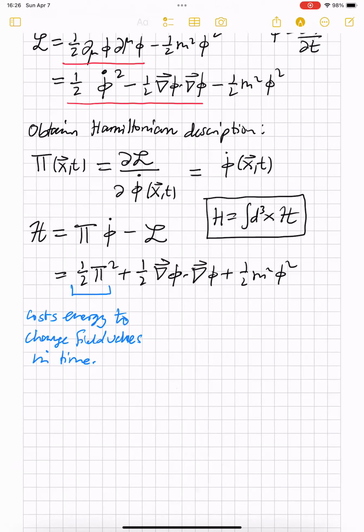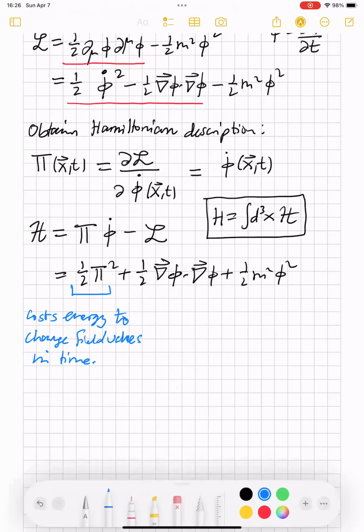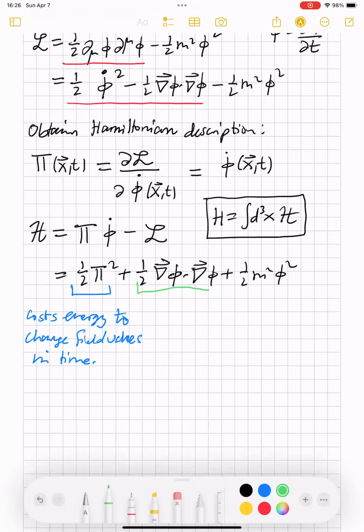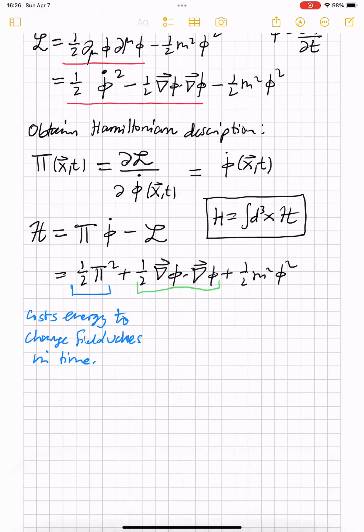The second term over here, the 1/2 gradient of phi dotted into the gradient of phi, tells you it costs energy to change the field values in space.